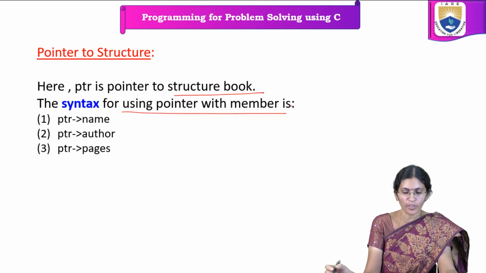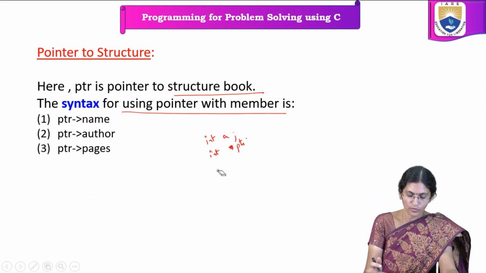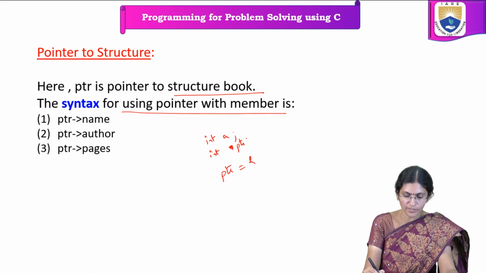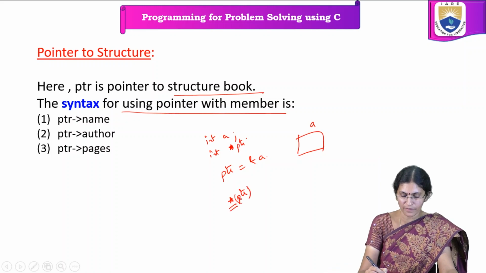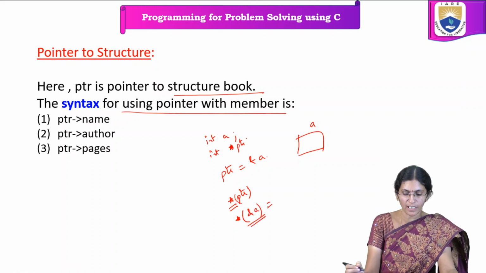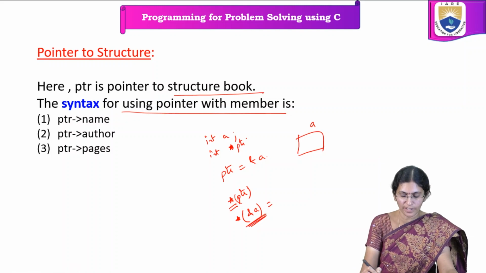Now, the syntax for accessing a value at a particular location: if ptr contains the address of a, we can use the star operator, the dereference operator we have seen, to get the value at this particular address.